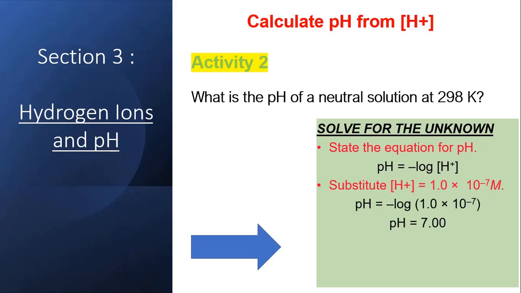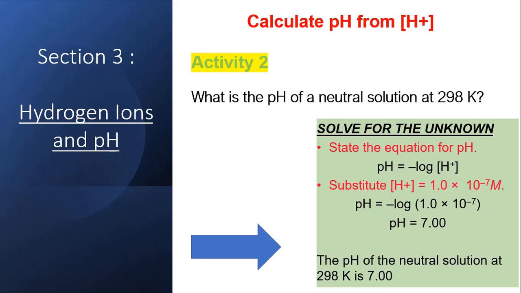Then you will substitute the value of hydrogen ion using the concept you studied from Kw. We knew that for water, a neutral solution, the concentration of H positive equals 1 times 10 to the power negative 7. If you take the pH, which is the negative log of this, negative log of 1 times 10 to the power negative 7 is going to be 7.